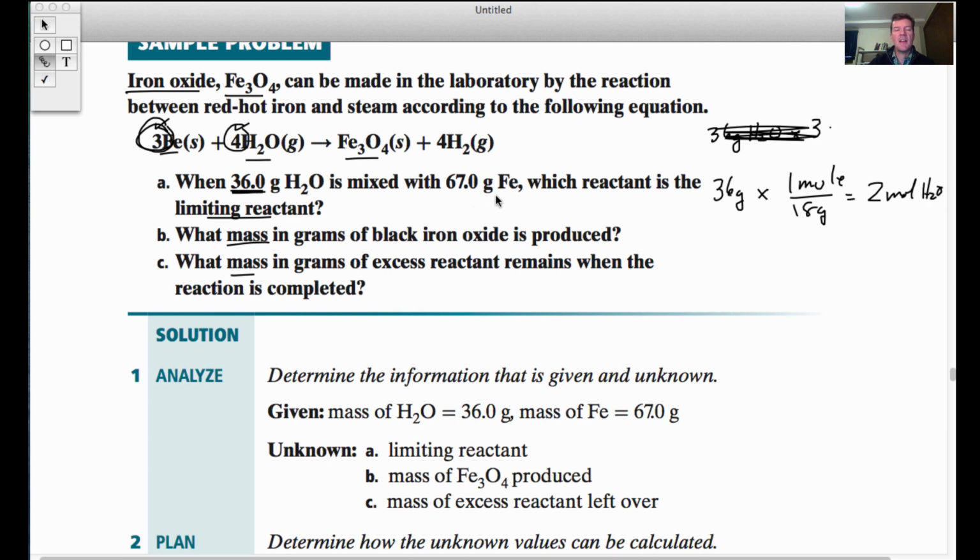Okay? Iron. If I look at iron, iron's molar mass is 55.8. I've got 67. Yeah, 55.8. Okay? So 67, 1 mole of iron is 55.8.